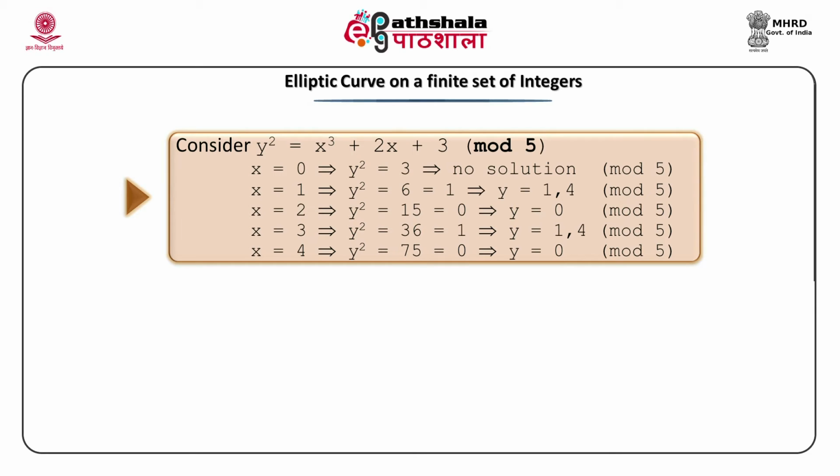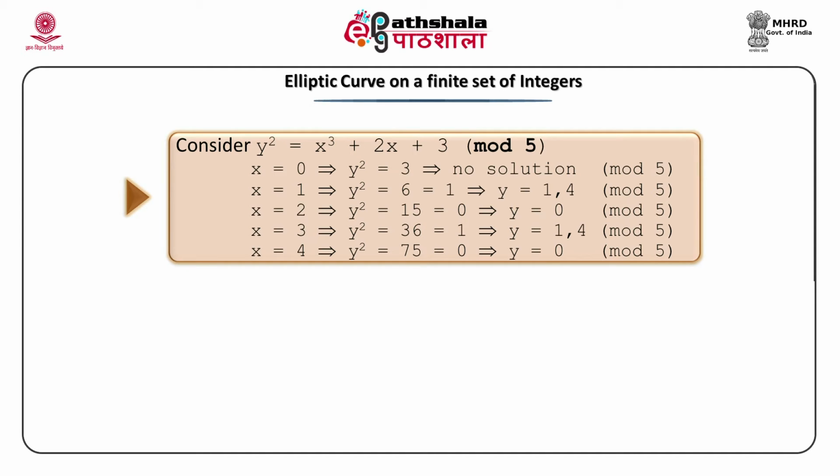If we consider x to be 2, y square is equal to 15, 15 mod 5 is 0, so y is 0. If you consider x to be 3, y square comes out to be 36, and if we take 36 mod 5, it comes out to be 1, then the value of y can be 1 or 4.